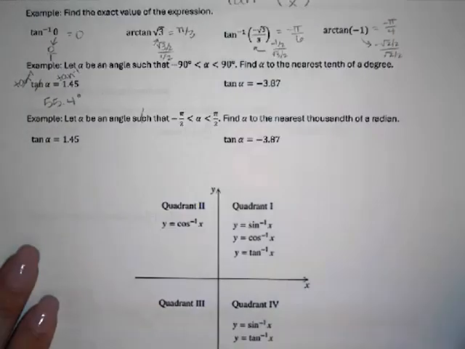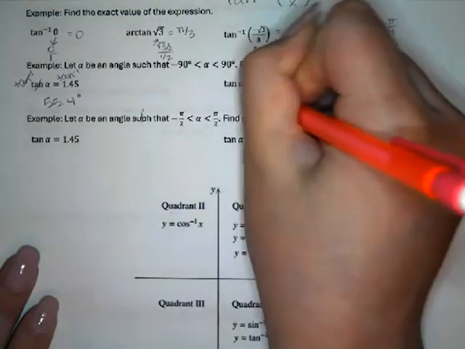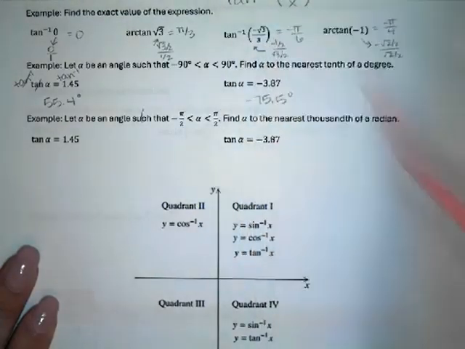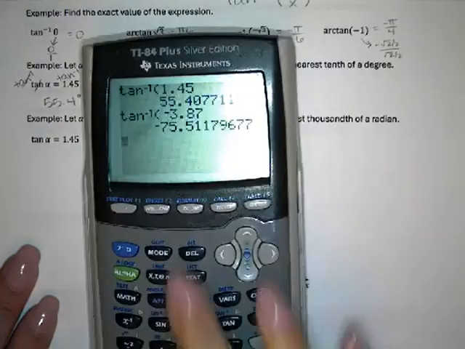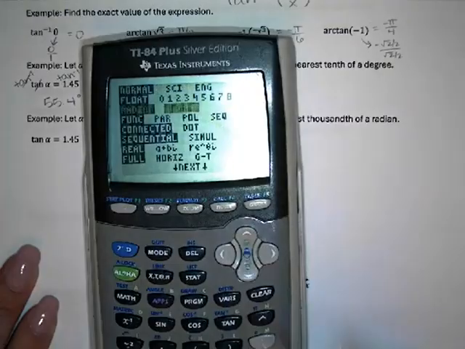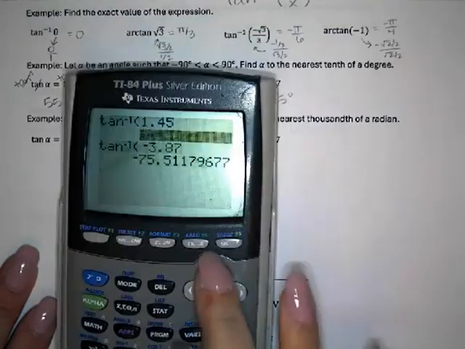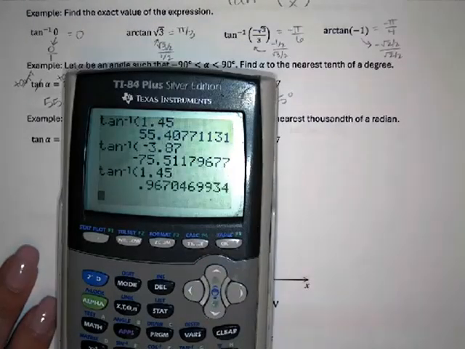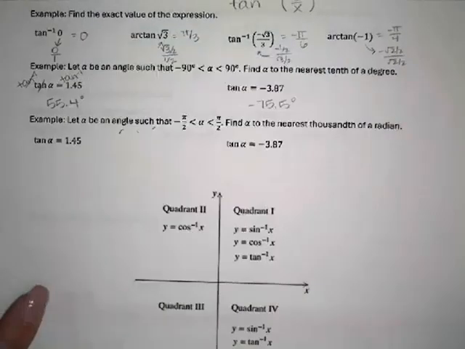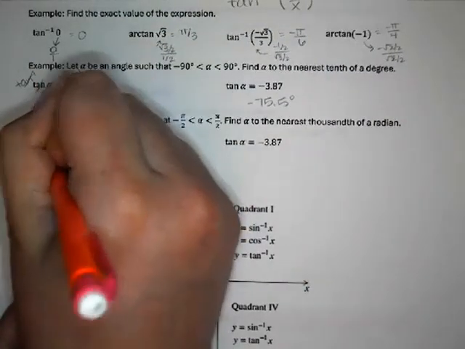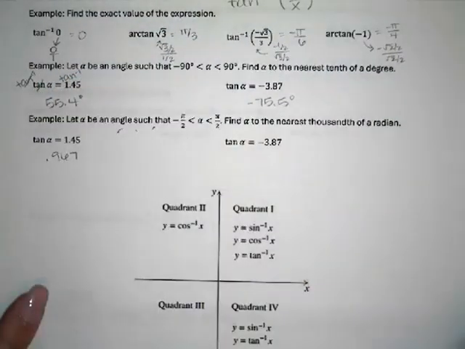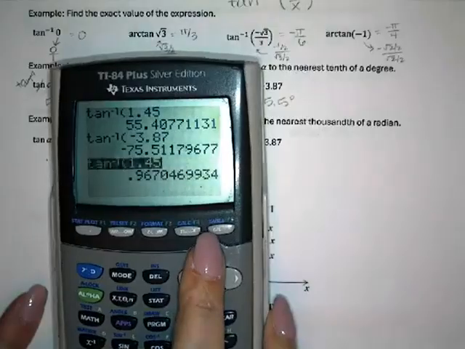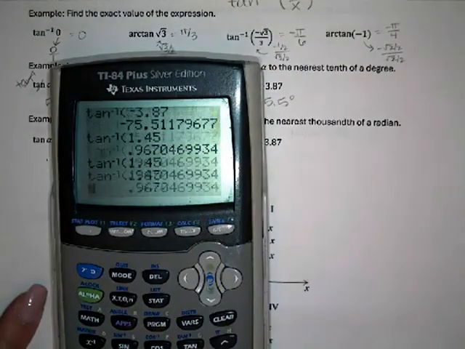And then we want those same measurements, but in radians. 0.967. Negative 1.318.